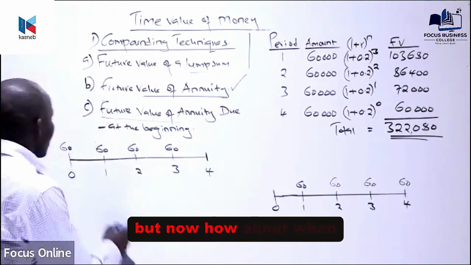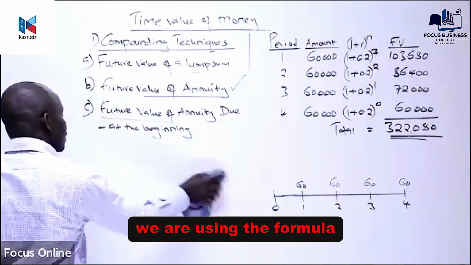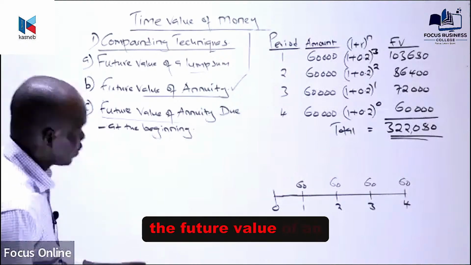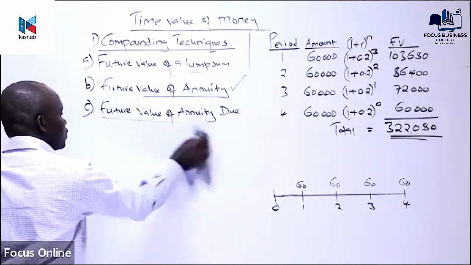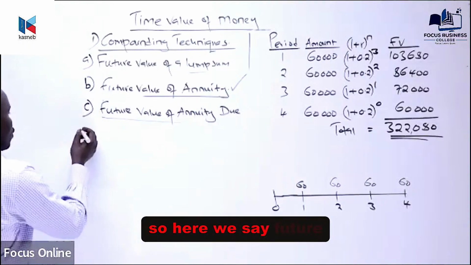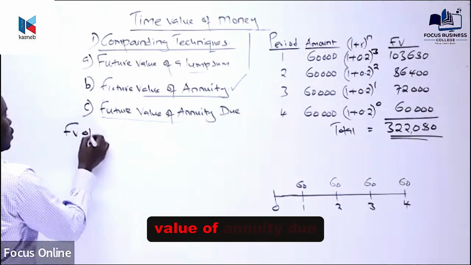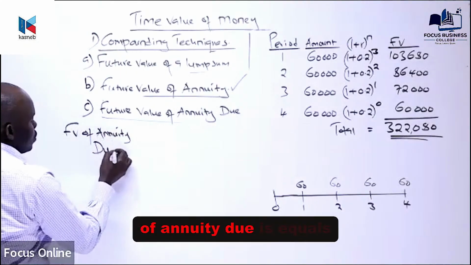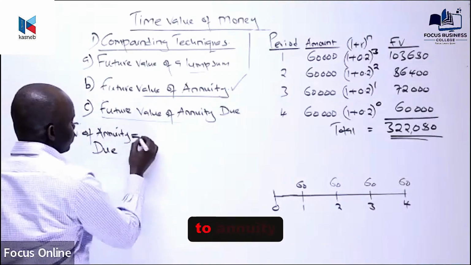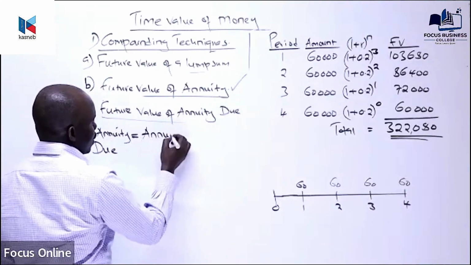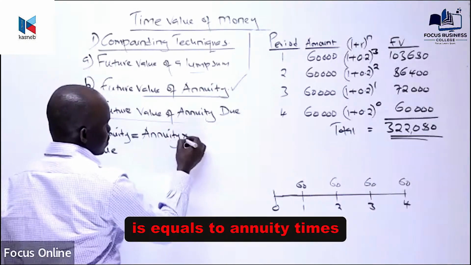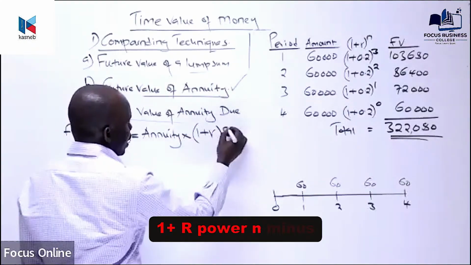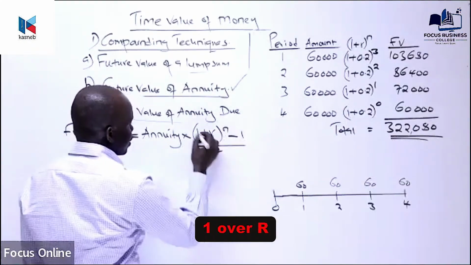But now, how about when we are using the formula? When we are using the formula, this is how we get the future value of an annuity due. Future value of annuity due is equal to annuity times 1 plus r power n minus 1 over r.